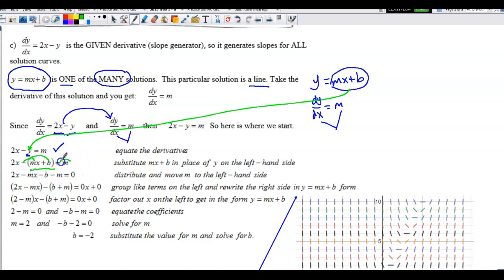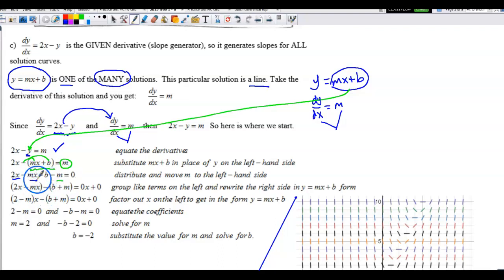I took the m on the left side and subtracted it, on the right side, and subtracted it on the left side. All right, now I'm going to gather my like terms, so let me change colors. I see that 2x and mx have an x in common, so I group those together. And b and m are constants, so I grouped those two together and factored out a negative.